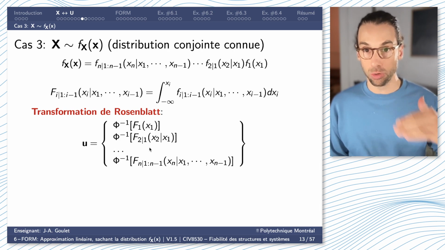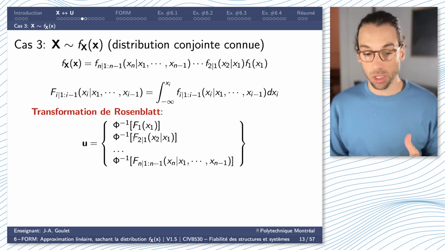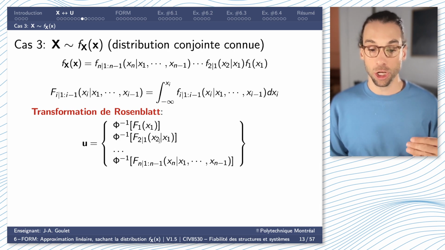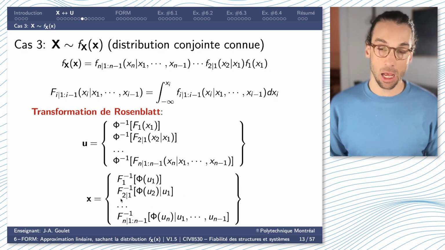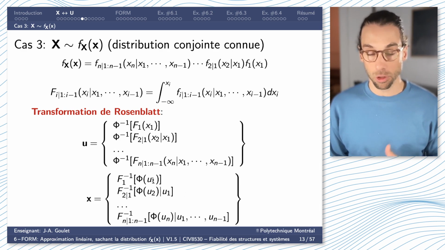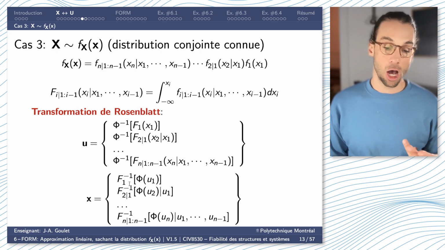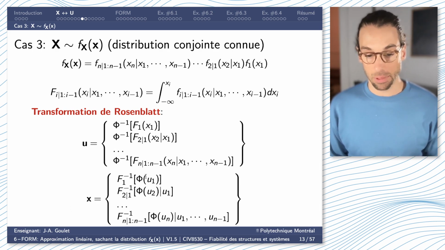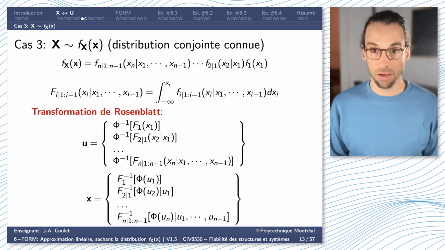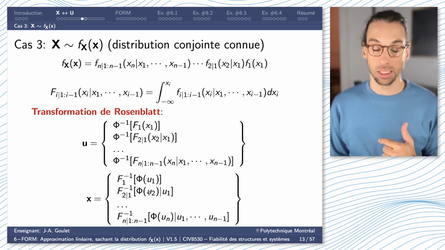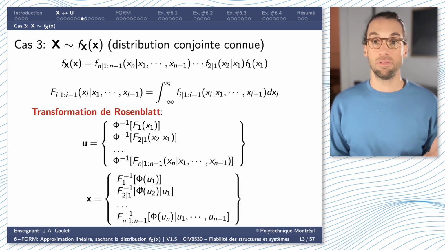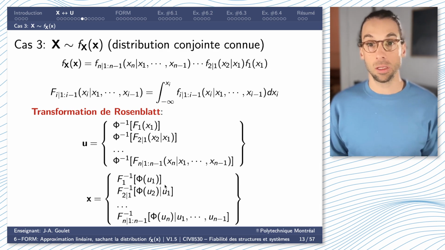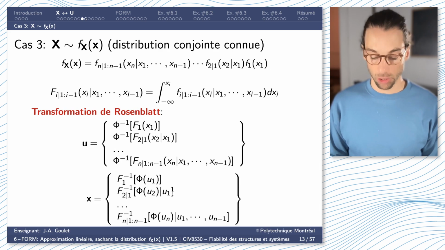And we're going to do this for every dimension, always for all dimensions higher than 1 using the conditional CDF. And we can revert this relationship going from the standard normal space ui up to xi by doing the same thing. So the first one is going to be equality of CDF, and then we're going to have the conditional CDF given the previous dimensions. And all of these analytical expressions can be obtained fairly easily using the Morgenstern joint PDF and CDF.